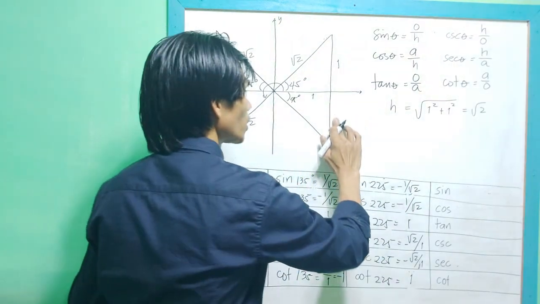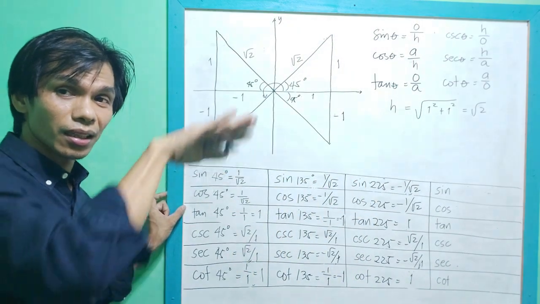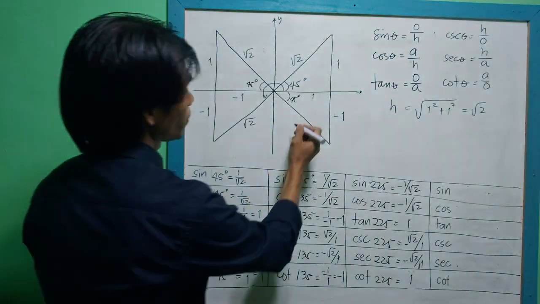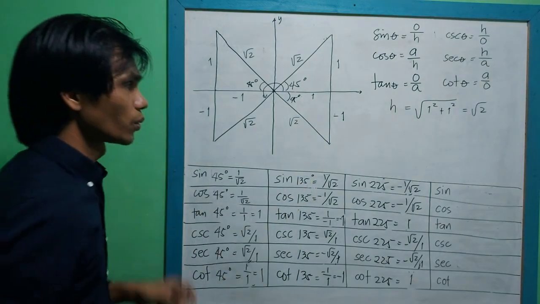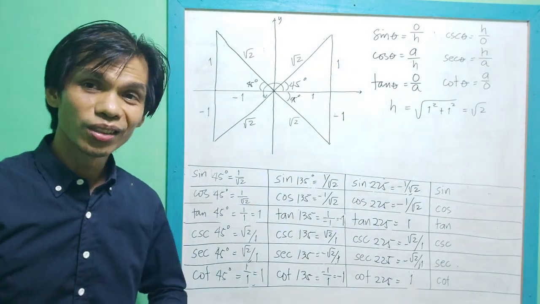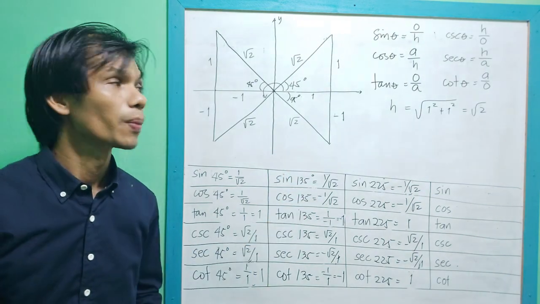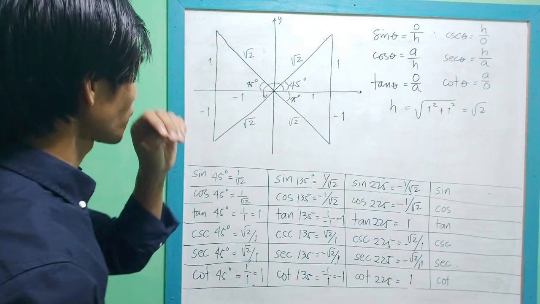Pero, yung 1 dito is negative 1. Bakit nga ulit? Kasi nasa ilalim ng x-axis. So, dito naman is still square root of 2. Bakit? Kasi kahit anong gawin mo dyan, positive yan, gawa nga ng may square siya. So, negative 1 squared is positive 1.